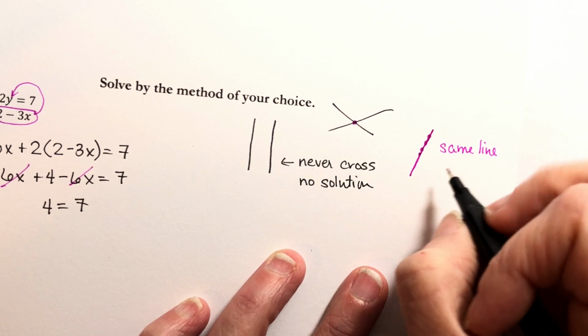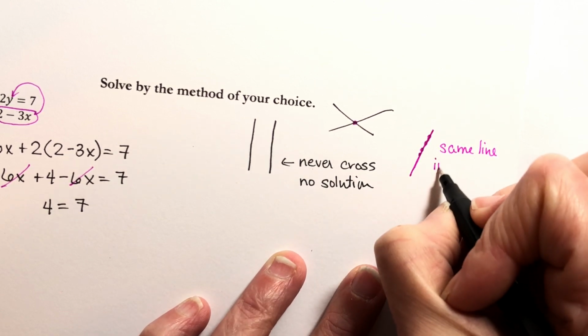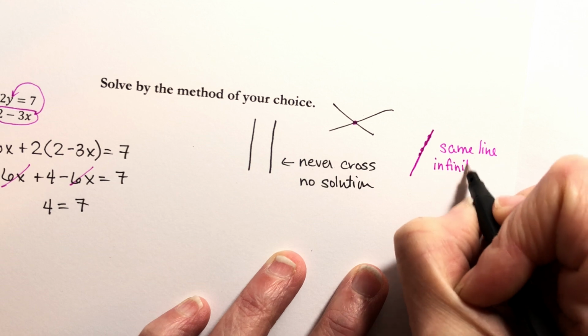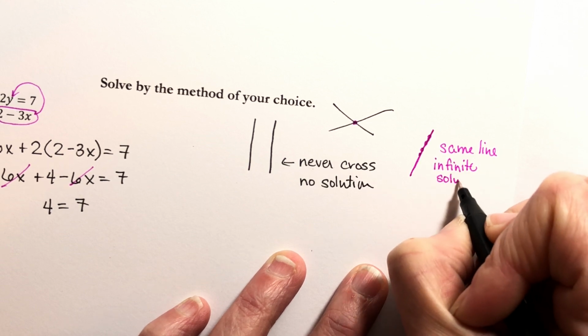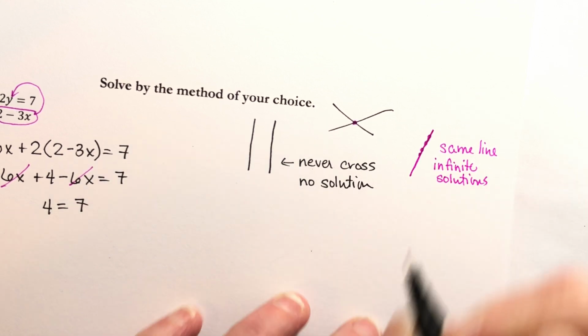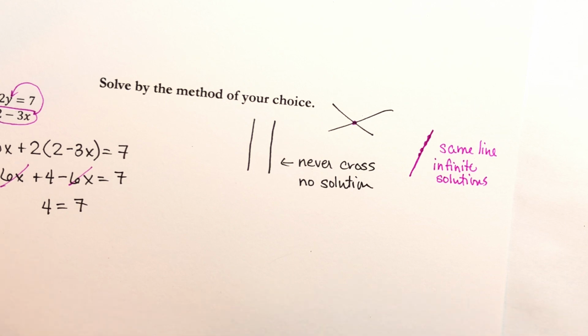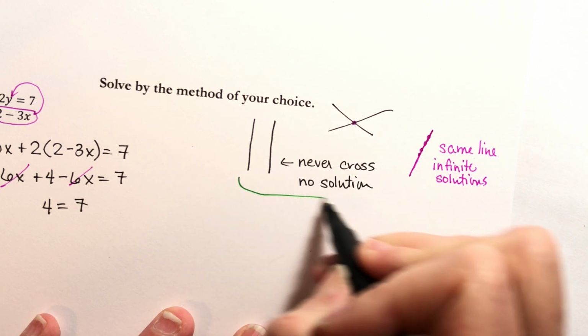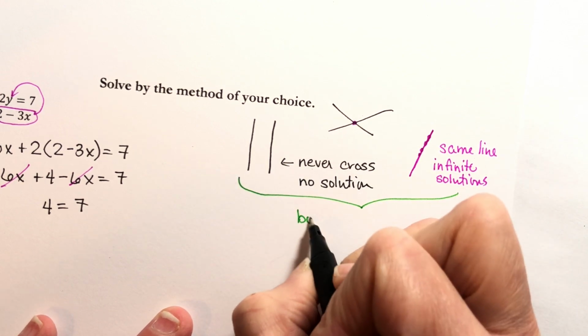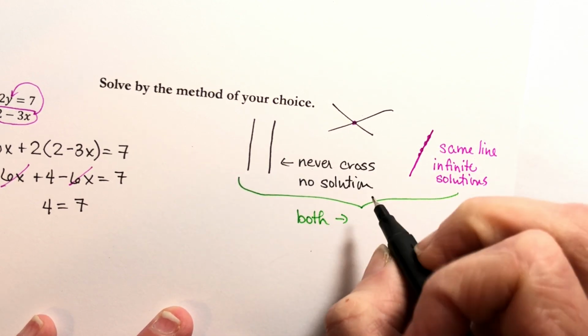Okay, and this one would have infinite solutions. Now, how do you know which of these two special cases you have? Well, first of all, on both of them, your variables cancel out.